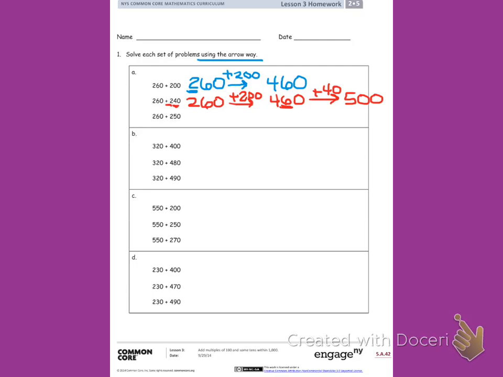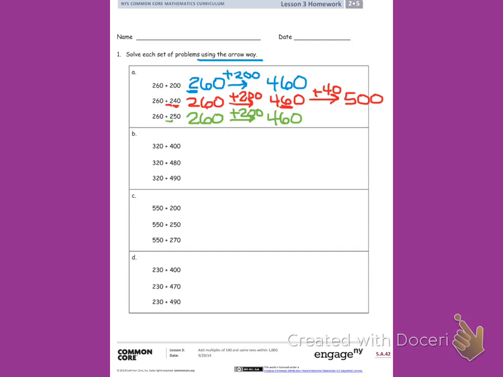Now let's look at the last one, 260 plus 250. Again, I'll write 260. I'll look at the number in the hundreds place, that's a 2. So I'll add 200. That brings it up to 460.